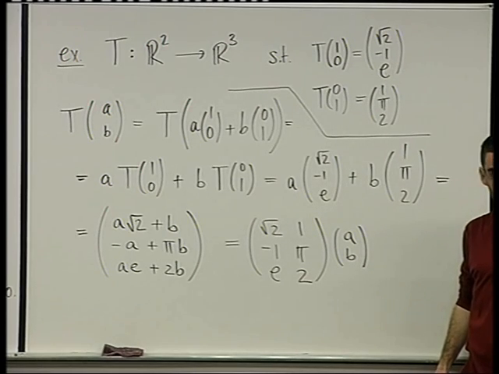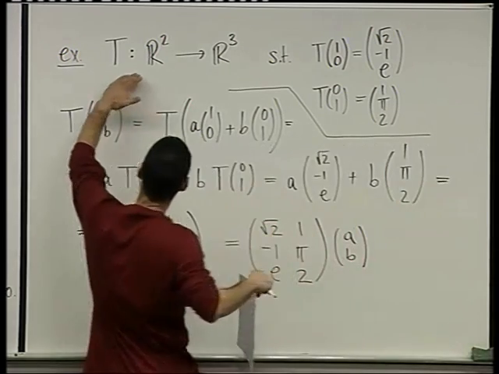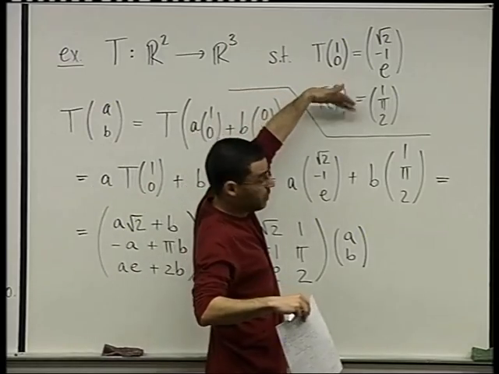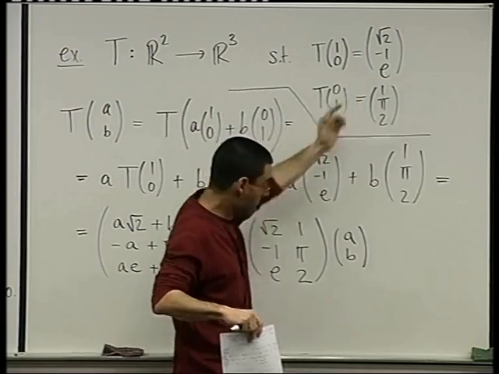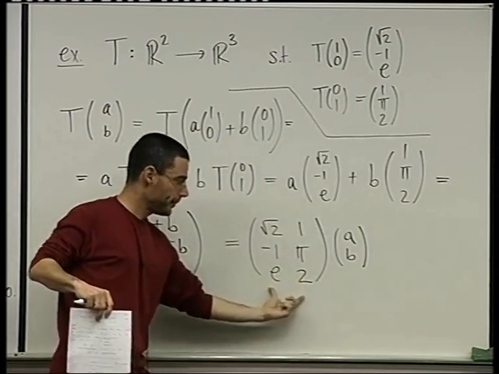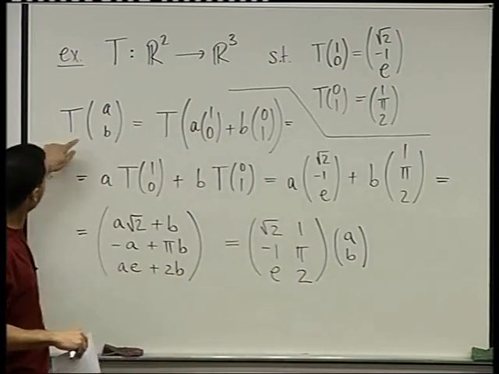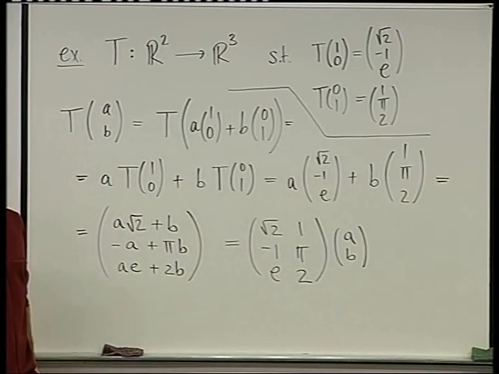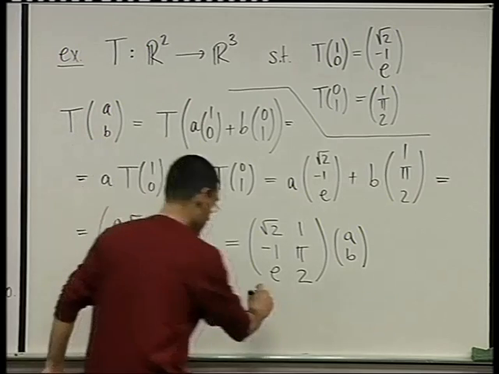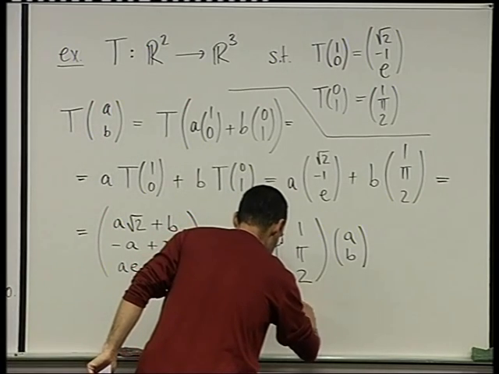Do you see that? Okay, so there we have it. We just started with a transformation that was prescribed on basis elements, didn't have any matrices involved in it, but suddenly it showed up as A times v. T of v is in fact A times v. Do you agree? Okay, so this is a matrix.